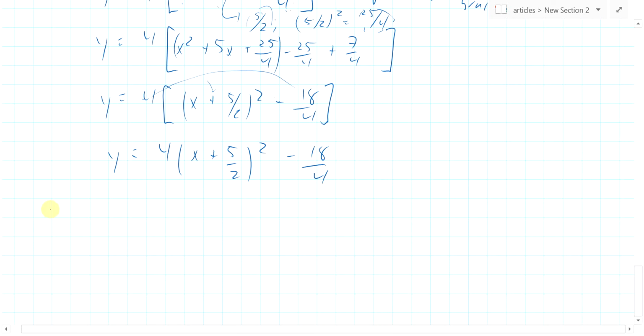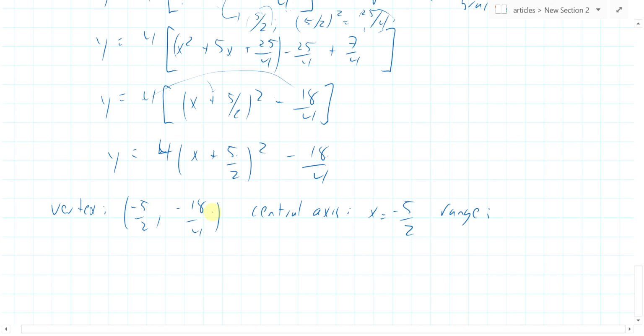So, reading this off, what's the vertex? Left 5 halves, so minus 5 halves, down 18 over 4, minus 18 over 4. That means that my central axis goes through the vertex. The range, well, it's a 4 plus 4, so it's opening up.